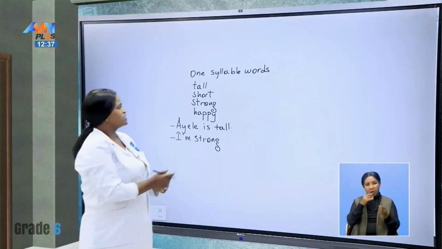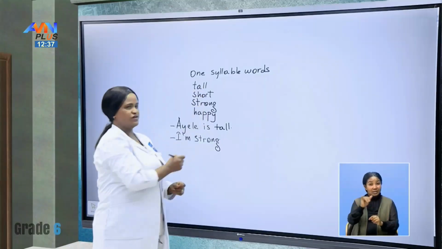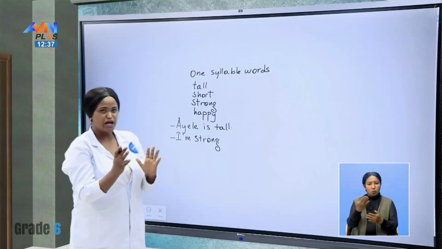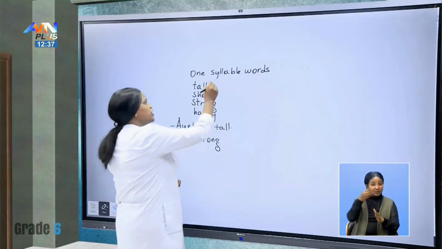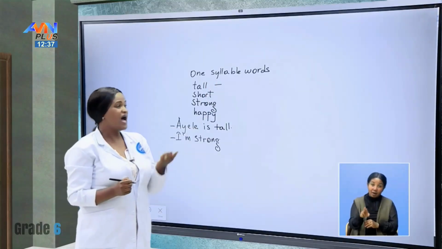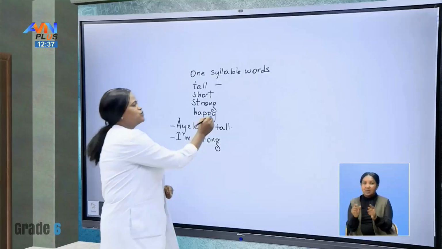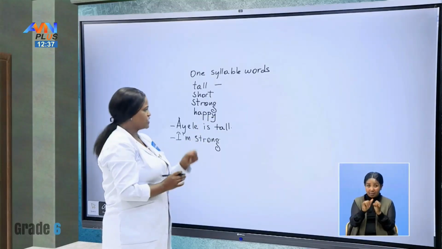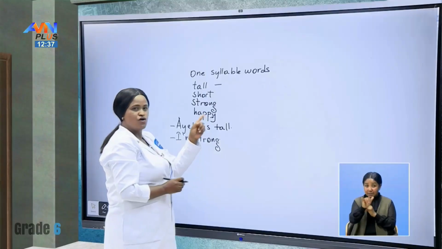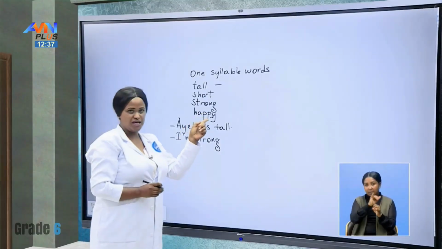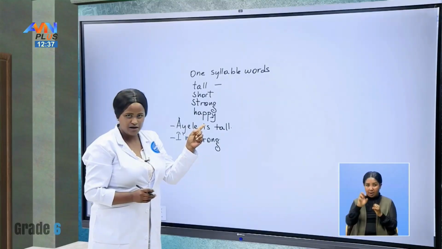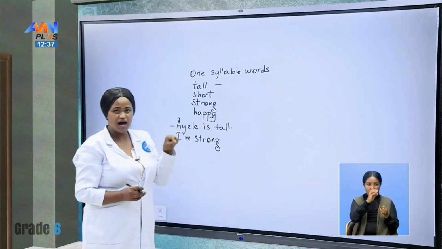But using such adjectives, which are adjectives with one syllable, when you want to compare and use the comparative degree, we use ER, all right? ER, or IER for the words that end with Y. For example, happy ends with Y. For words like happy, we cancel the Y and use IER.